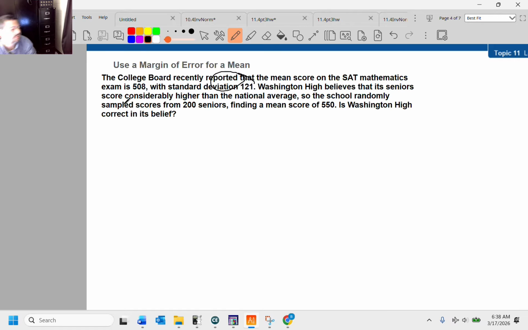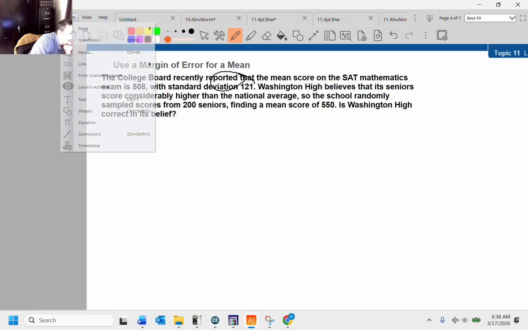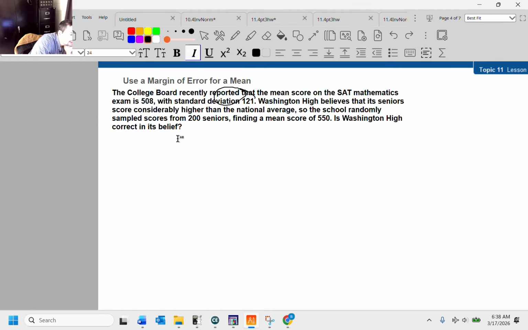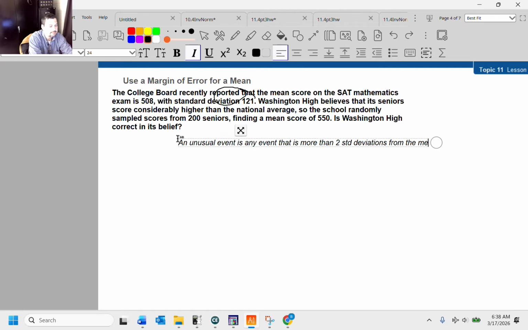Well, here's the deal. And we haven't defined it yet. And sometimes your textbook lays things out so funny. An unusual event is any event that is more than 2 standard deviations from the mean. That's one way of doing it.